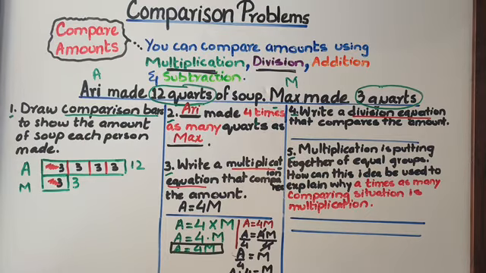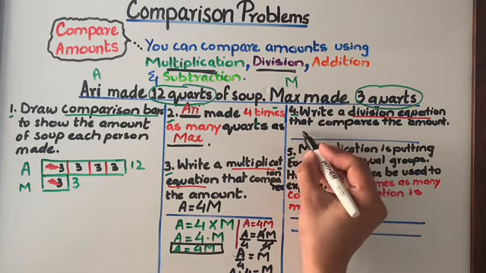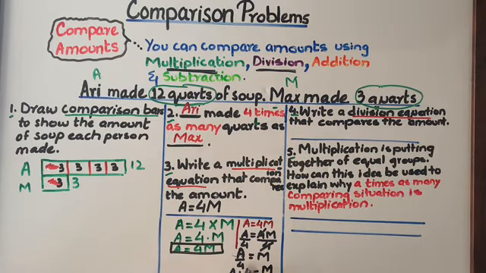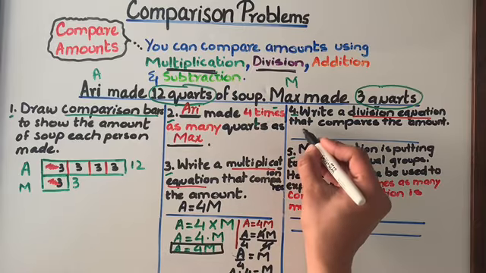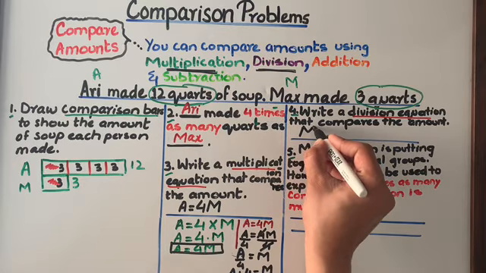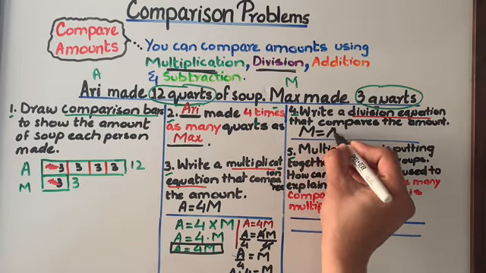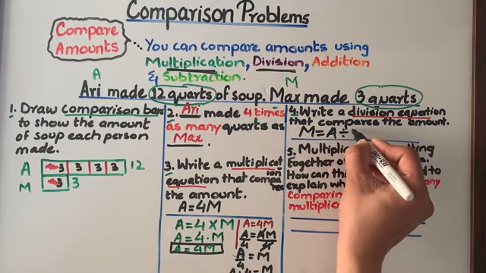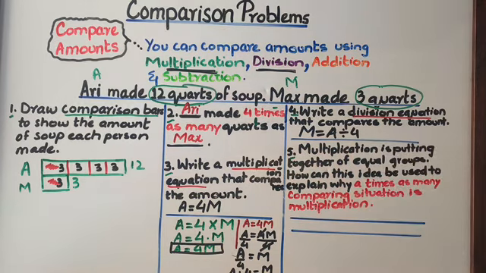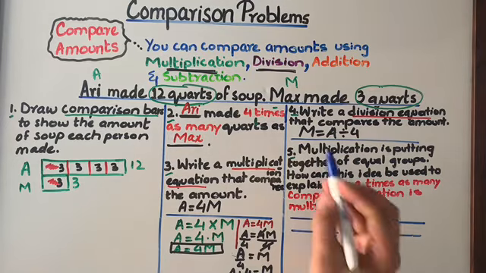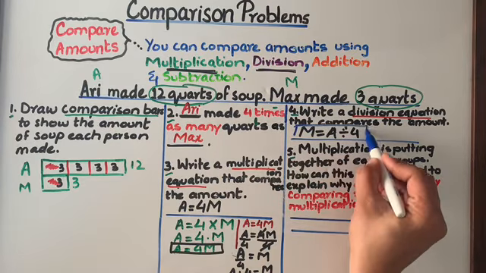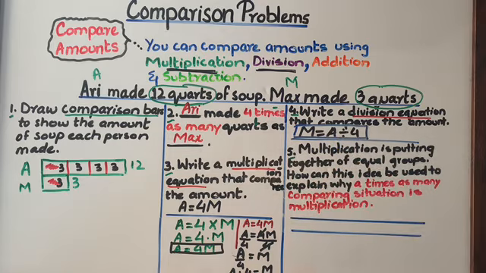I can write m first: m equal to E divided by 4. So this is the answer of my fourth part, the division equation.